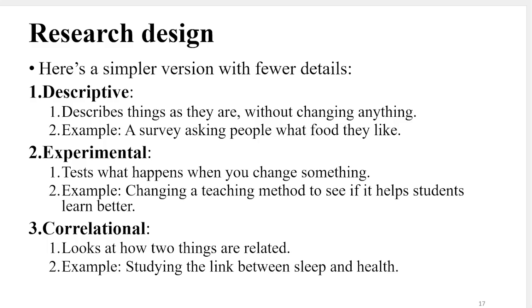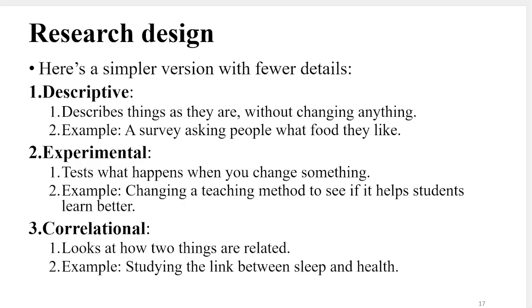In this slide, we will discuss the main types of research designs. Research design is the structure of a study, and it can take different forms depending on the purpose of the research. The first one, descriptive design. Descriptive research simply describes a situation as it is, without changing anything.